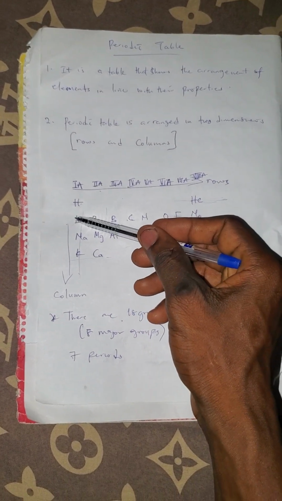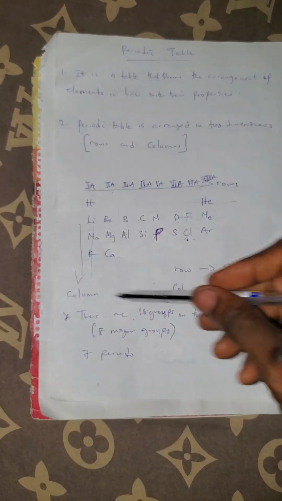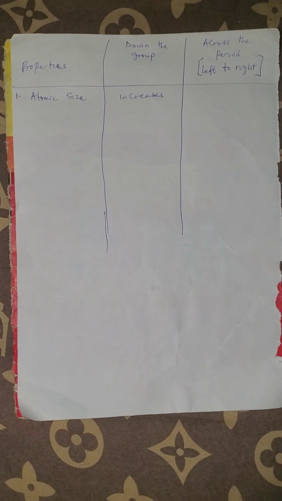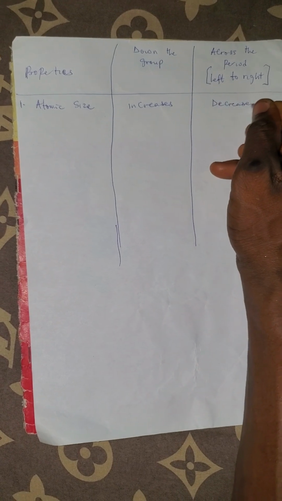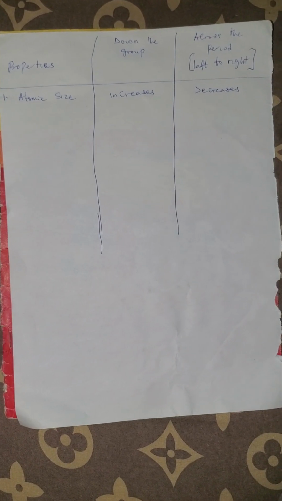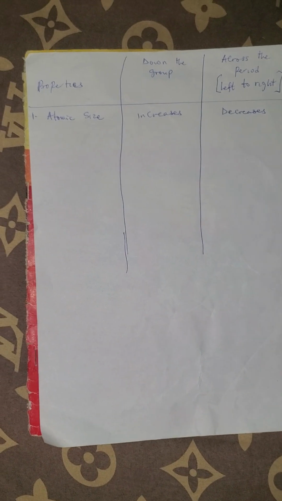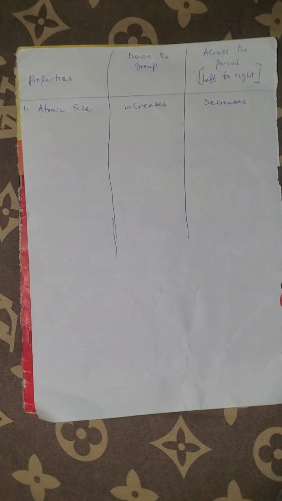The number of shells this one has is 2. This one is 3. So as it goes down the group, the number of shells increases, but across the period it decreases, from left to right.